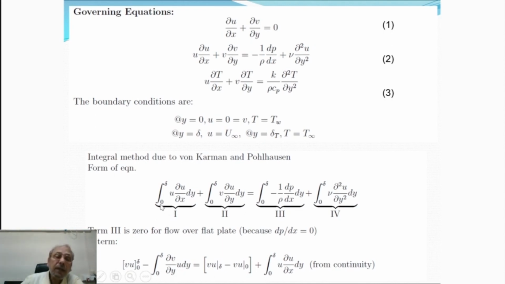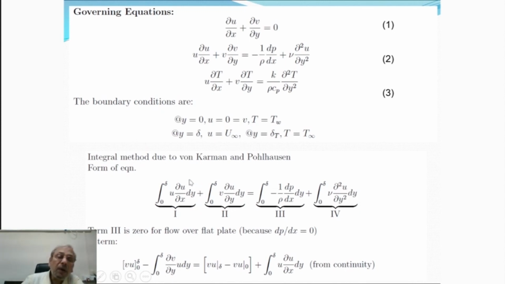We can write integration 0 to delta of u del u del x dy plus again integration 0 to delta of v del u del y dy equal to integration 0 to delta of minus 1 by rho dp dx dy plus again integration 0 to delta of nu del 2u del y2 dy.